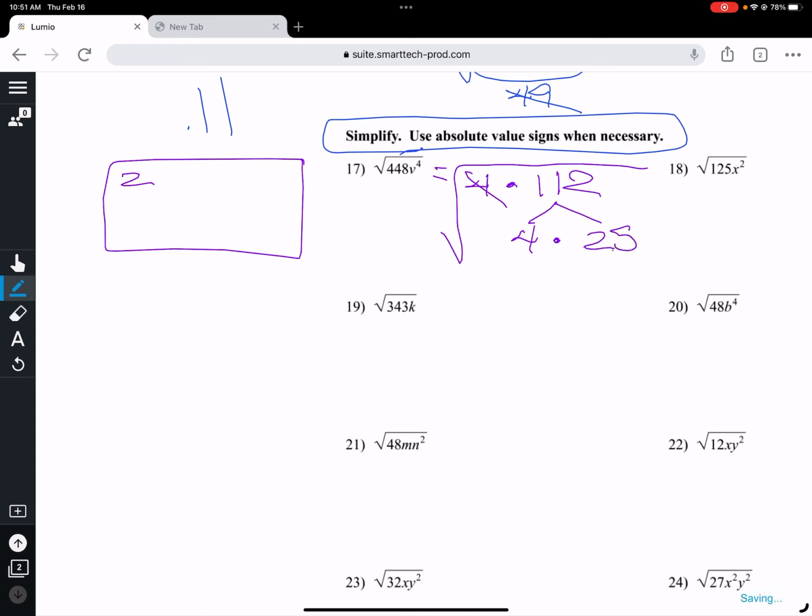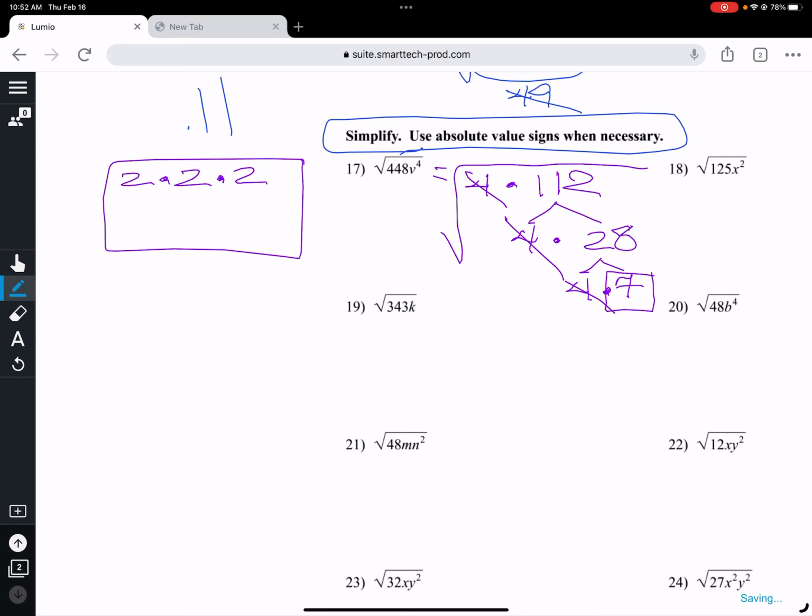All right, what happens to the 4? It becomes a 2. 28 breaks down into 4 and 7. What happens to the 4? 2. Can we do anything to the 7? No. It becomes 7 and 1, but that doesn't help us any. So I'm just going to put a box around it right now so we don't forget it.